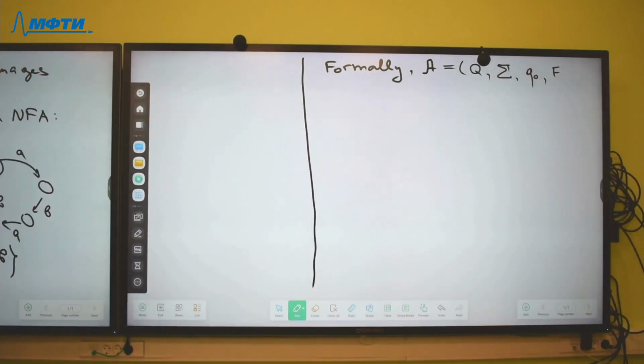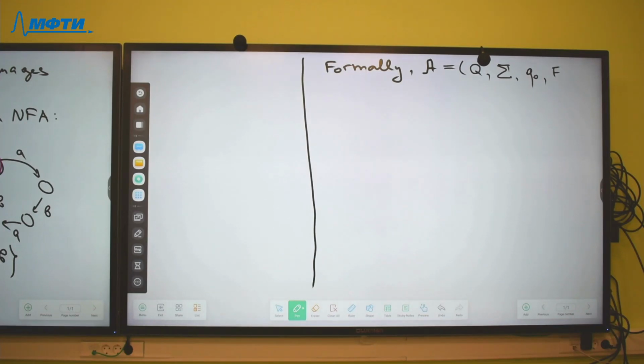Here, this is the initial state. It is marked with this arrow. We start from here. The final states are marked with double circles.